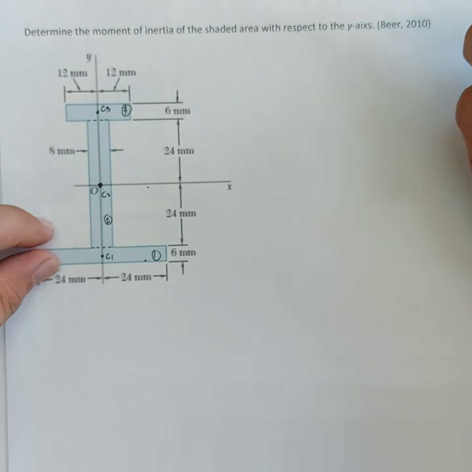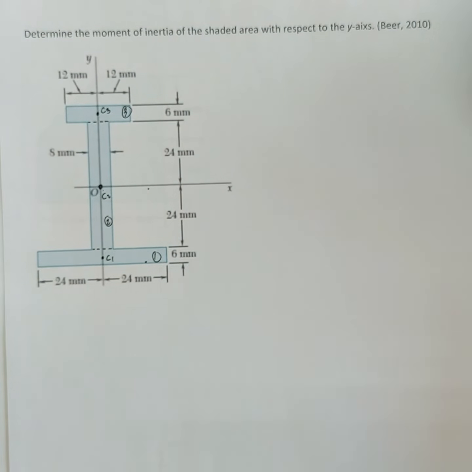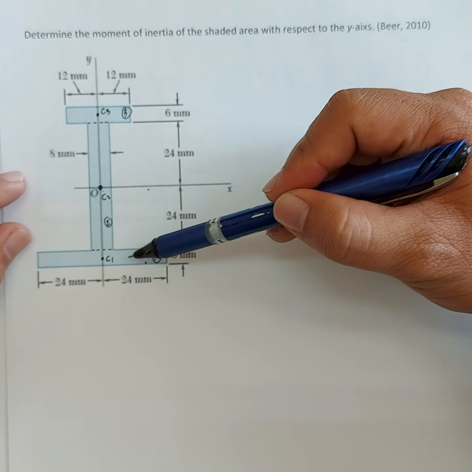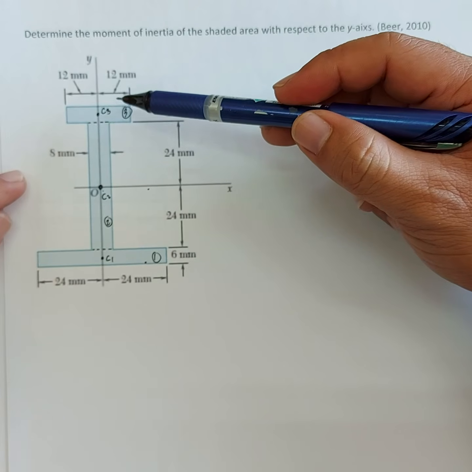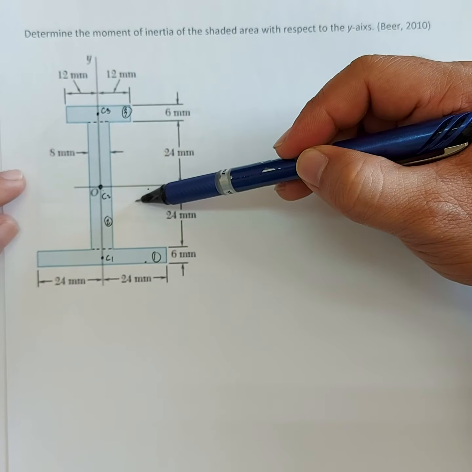So if that is the case, then we are going to use the parallel axis theorem, or the transfer formula. That means we're going to transfer yung moment of inertia ng area 1 dito sa x-axis, yung moment of inertia ng area 3 sa x-axis.